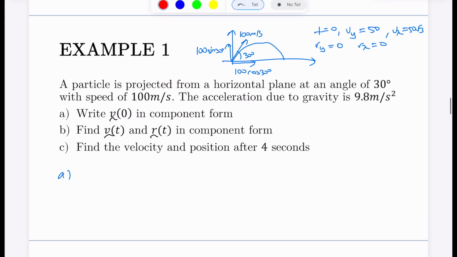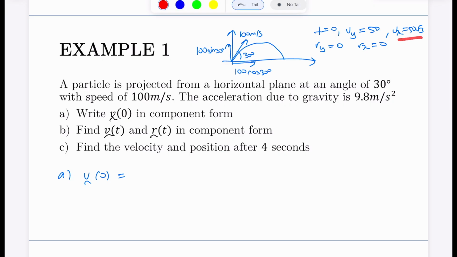This is literally asking us to write the initial velocity in component form, in other words, to write my velocity vector. If I put my horizontal and vertical components of my initial velocity together, this is what I'll get.